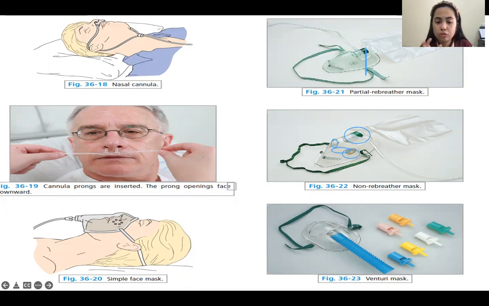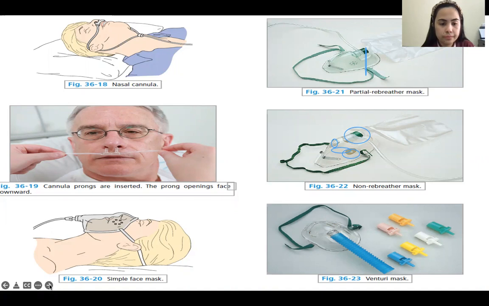The non-rebreather supplies a higher dose of oxygen than the partial rebreather. Okay, so those are the different types of oxygen devices.